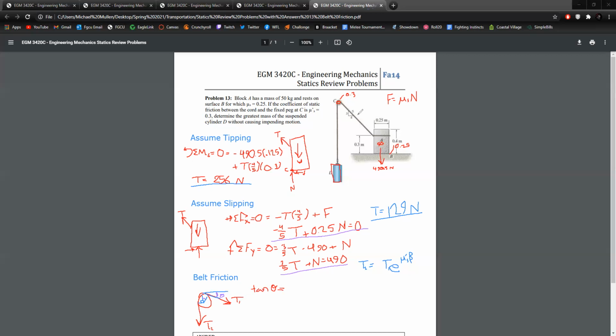Opposite is 3, adjacent is 4. So solving this, inverse tangent of 3/4, we know that theta is 36.9 degrees.